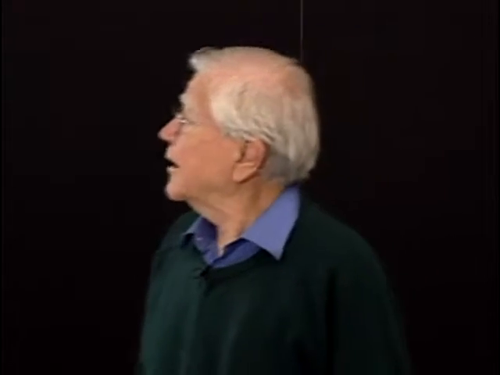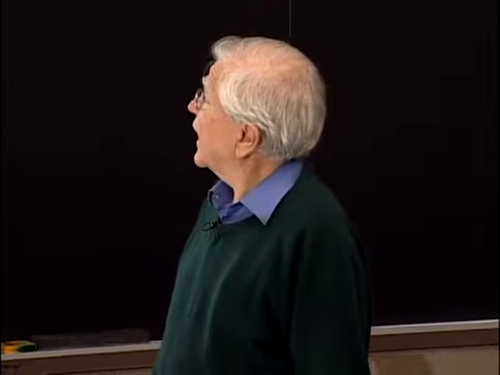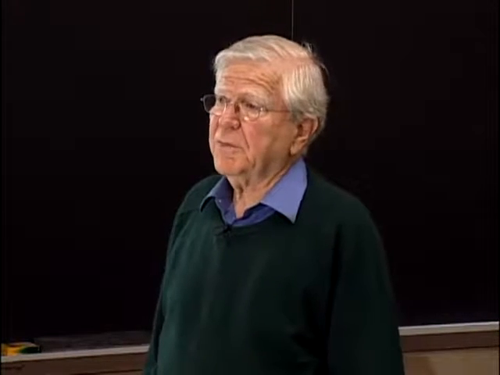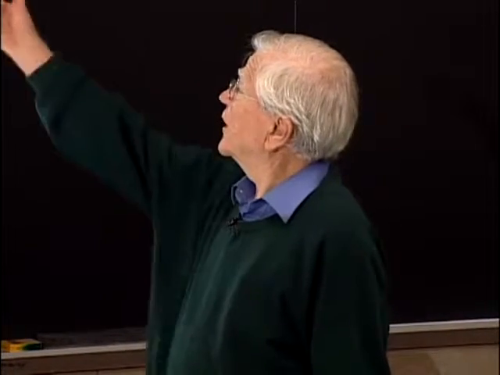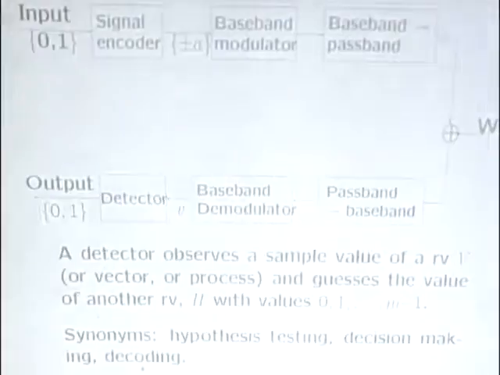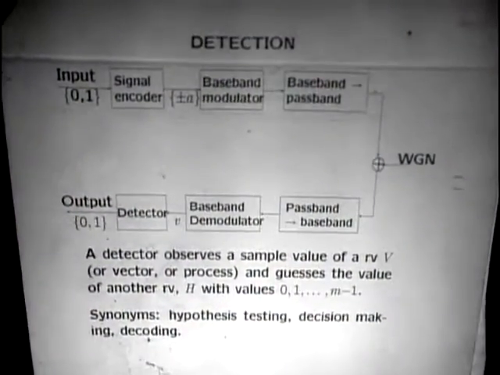And the kind of detection problem that we're interested in is to start out with, we want to look just at binary detection. We're sending a binary signal. It's going to go through some signal encoder, which is the kind of channel encoder we've been thinking about.